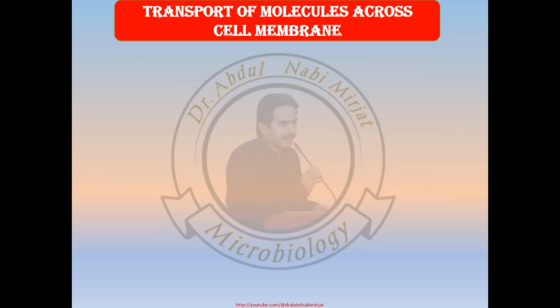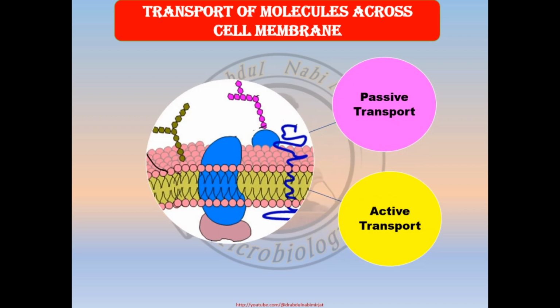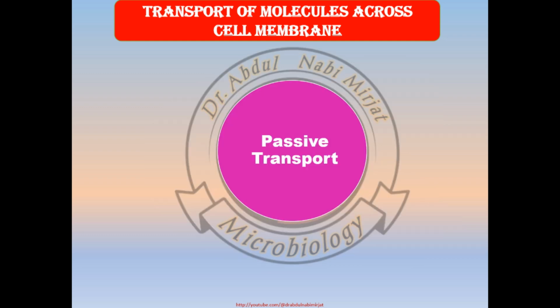Transport of molecules across the cell membrane. The cell membrane regulates the interaction between the cytoplasm and the external environment. The transport of molecules in the cell membrane consists of two main transportation systems: passive transport and active transport. Passive transport is the movement of chemical substances across the membrane from high concentration to low concentration.